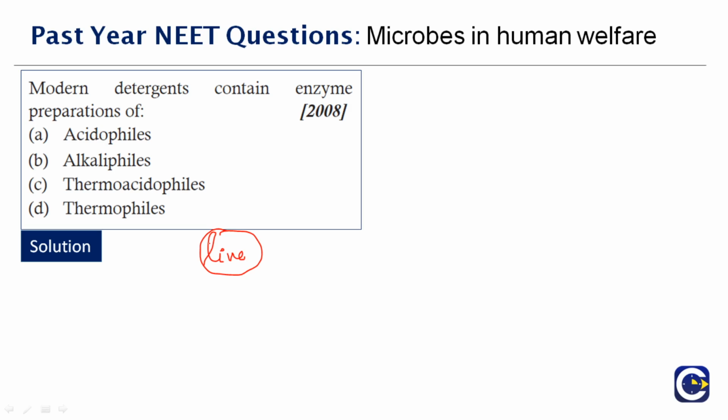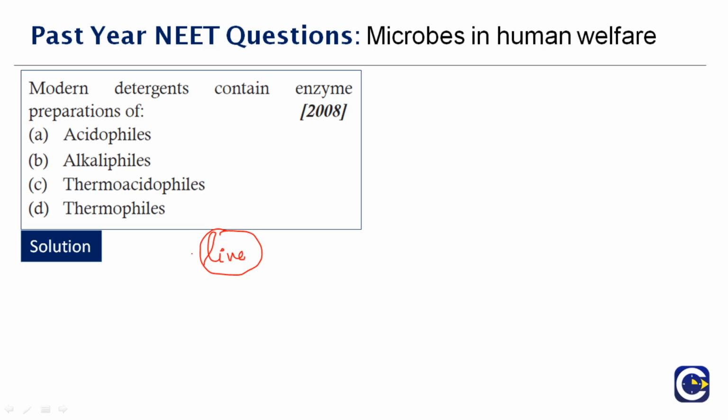Alkaliphiles keep an alkaline level of about pH 9 inside the cells, but the environment has a higher level of alkalinity. So alkaliphiles can keep the right pH level by pumping in hydrogen ions whenever it is necessary.